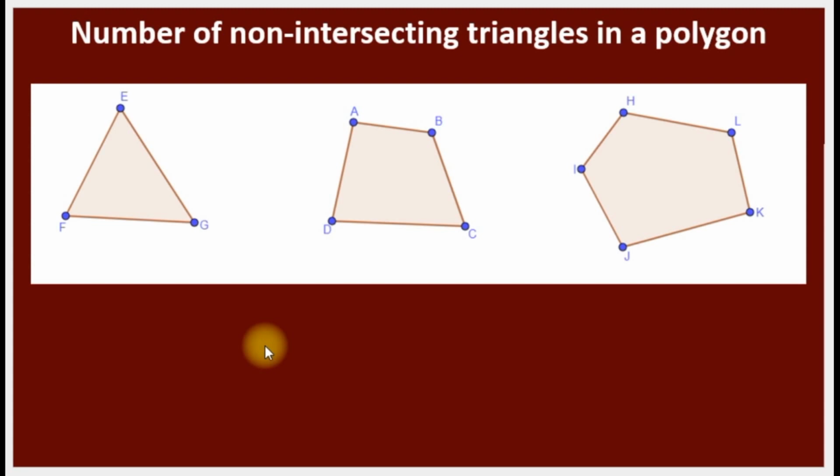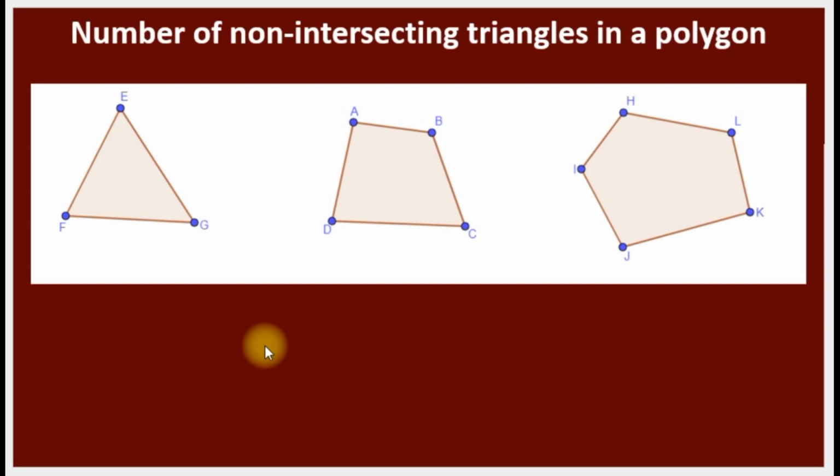How do you do it? If we join non-adjacent vertices, like forming a diagonal, once a diagonal is formed, a triangle will be formed. We want to get a formula for the number of non-intersecting triangles in a polygon.